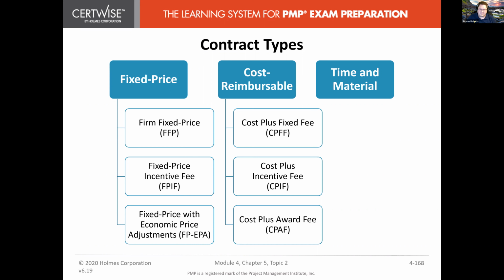And then we have cost plus award fee. So there might be a more extensive bonus or a quality award. Many big manufacturers do have a quality bonus, like if they meet a quality standard. For example, John Deere does this.